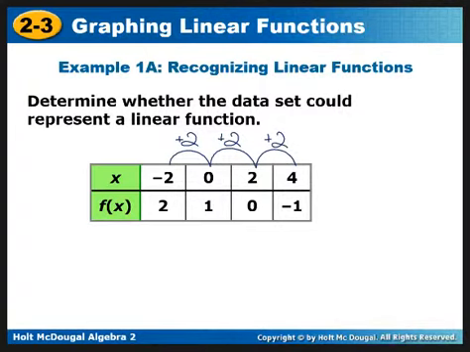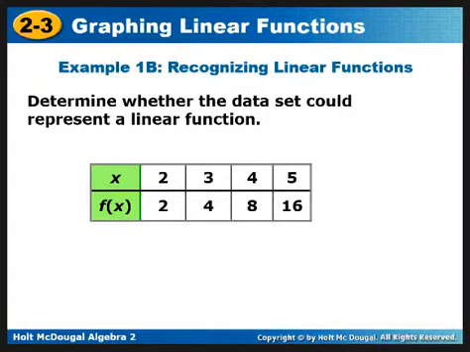All right, so we're constant on the top. On the bottom, I'm going to look at my output values. Same general idea here. As I move through the output values, I can see that they are increasing by 1 each time. So in this case, both the top and the bottom are constantly increasing. So I can say that this is a linear function.